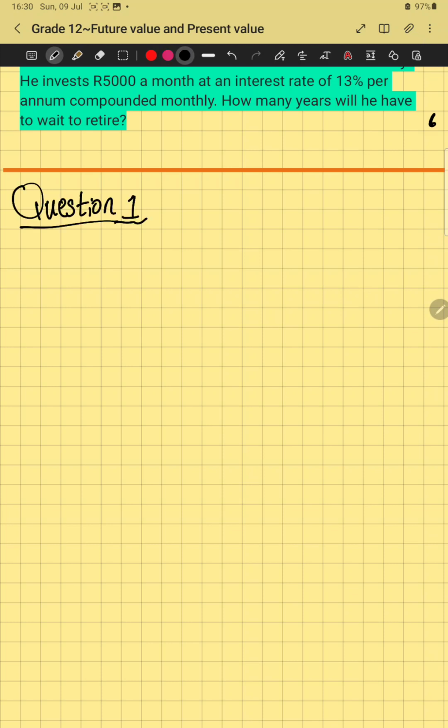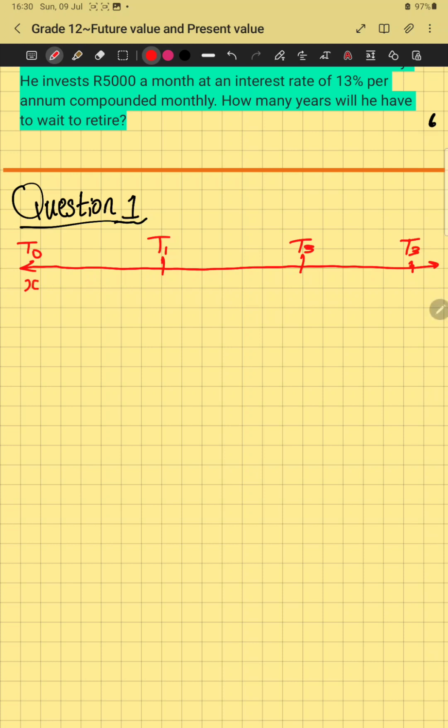All right, firstly, we can present this information on a timeline just to see what is going on here. This is the situation. So here we're going to say T0, and then T1 here, T2 here, and T3 here. Now we need to know what amount the company must invest, starting from now.